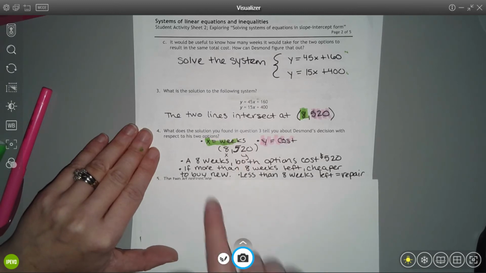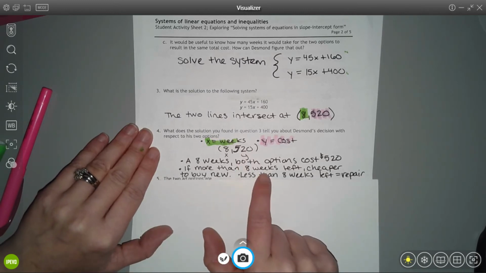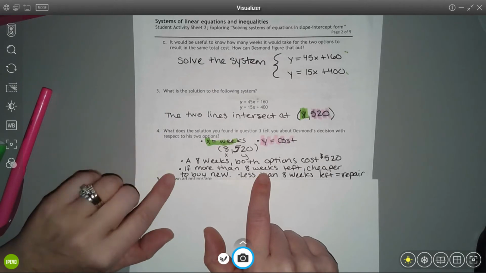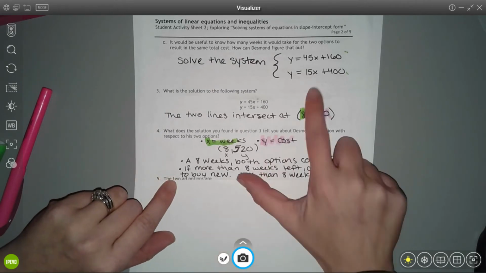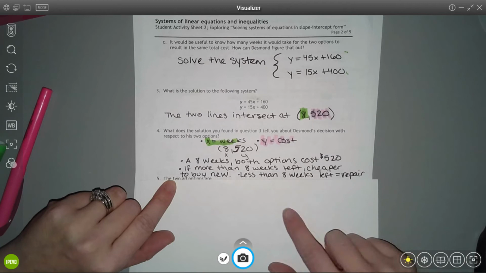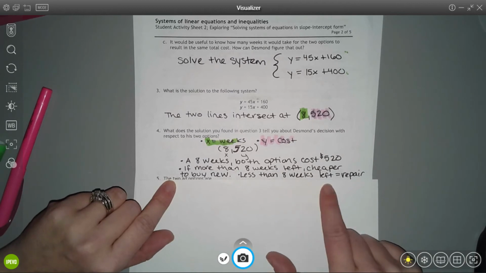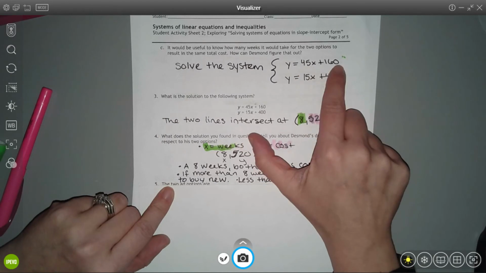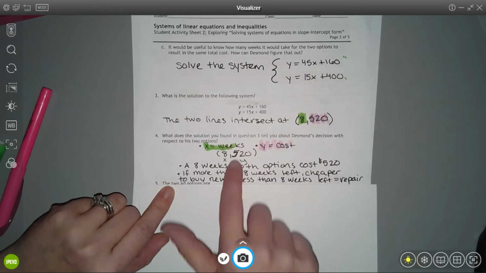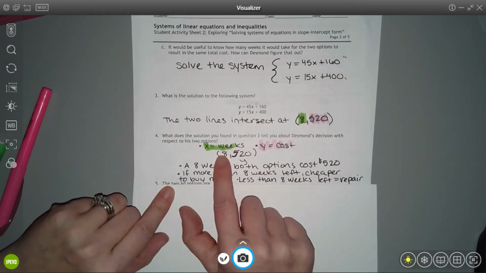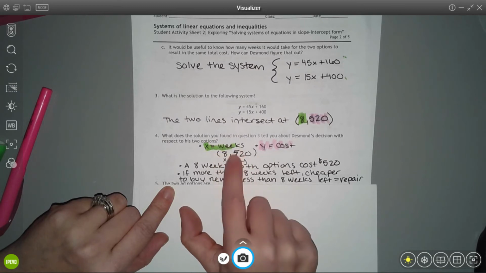If there's more than 8 weeks left of the mowing season, it becomes cheaper to buy the new mower, the second equation. If there's less than 8 weeks left, it's cheaper to repair, the $160. But at the end of the 8th week, it's going to cost both of them $520.